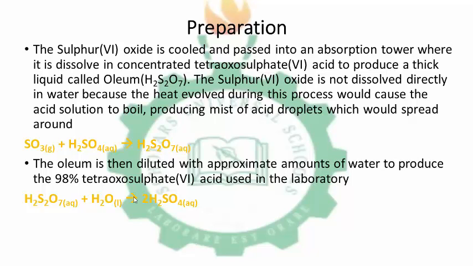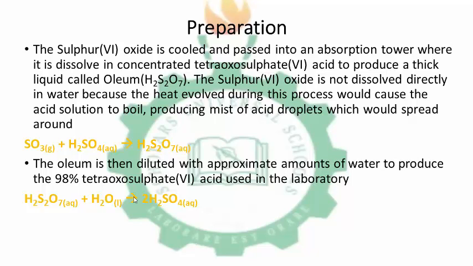When most industries produce sulfur 6 oxide, they are concerned about the production of the tetraoxosulfate 6 acid. They don't just produce sulfur 6 oxide like that, because it has few uses. But when they are producing it at a larger scale, the industry is targeting the production of tetraoxosulfate 6 acid.